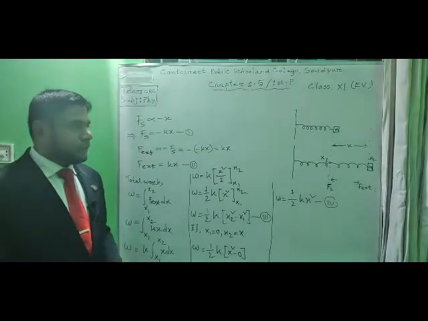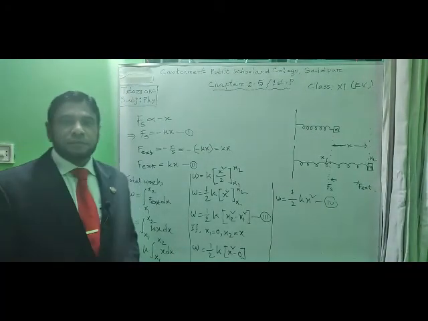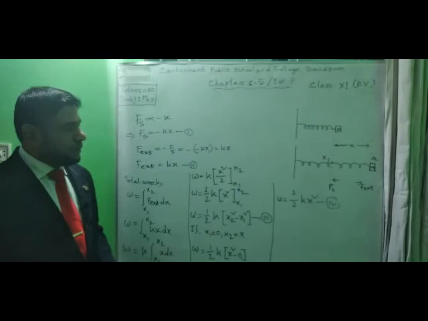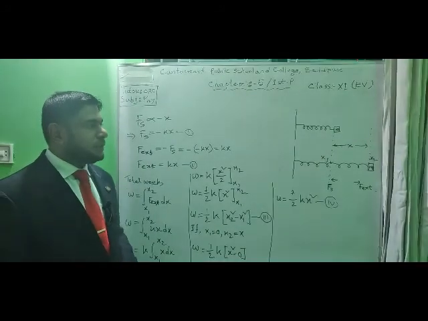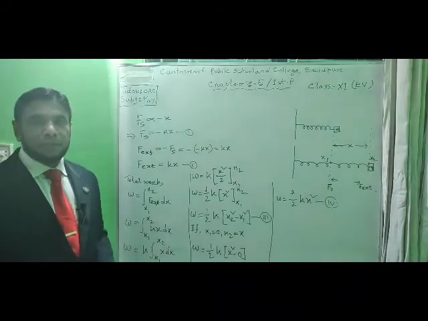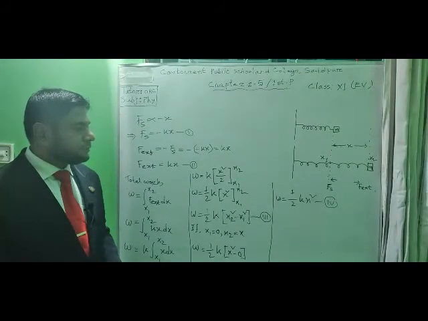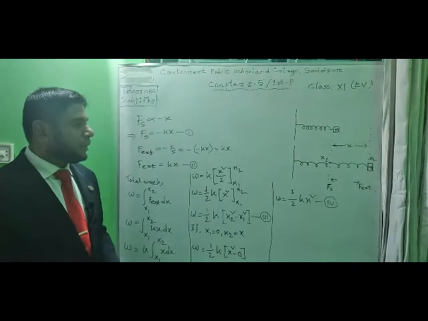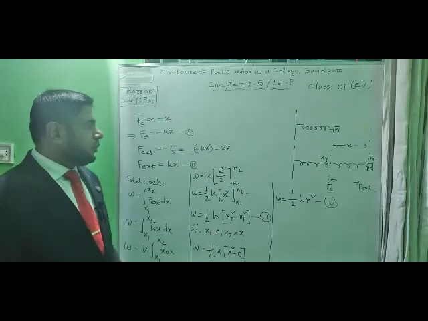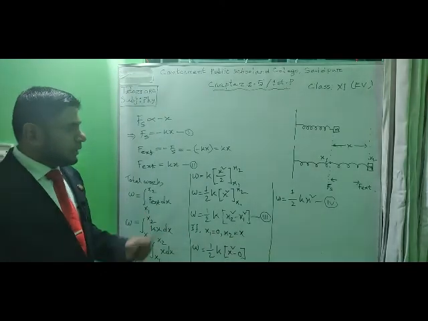So you must also remember this information. Either it may be contraction or expansion of the spring, the work will be half k x square, but for the external force the work will be positive, and for the spring force the work will be negative.